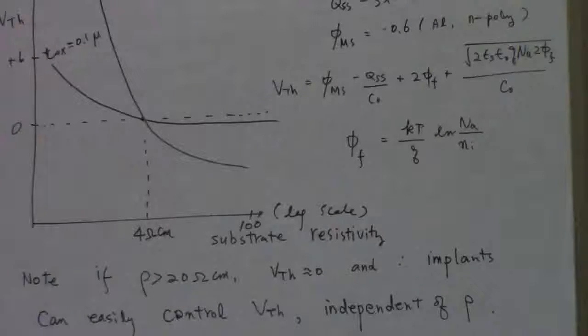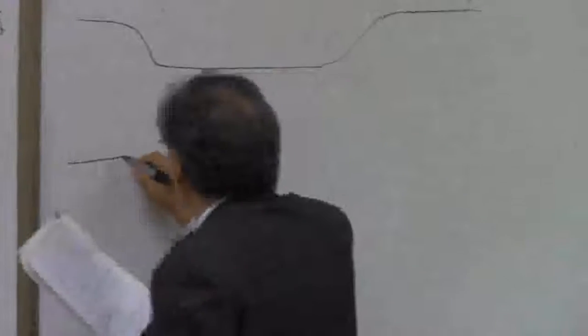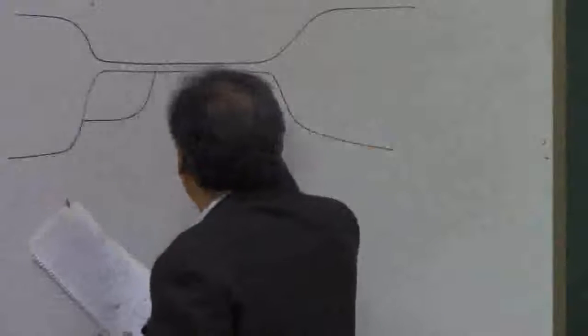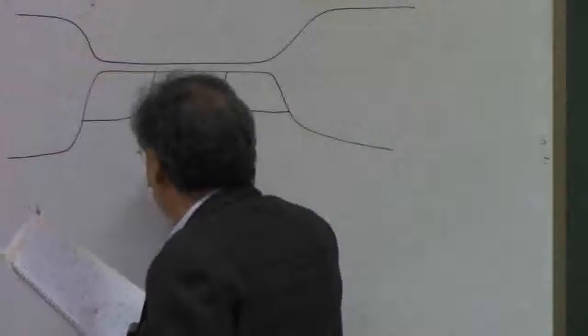So for the body effect, if you take into account the body effects and this substrate selection, substrate resistivity effect, now you can compromise the channel something like this, okay?